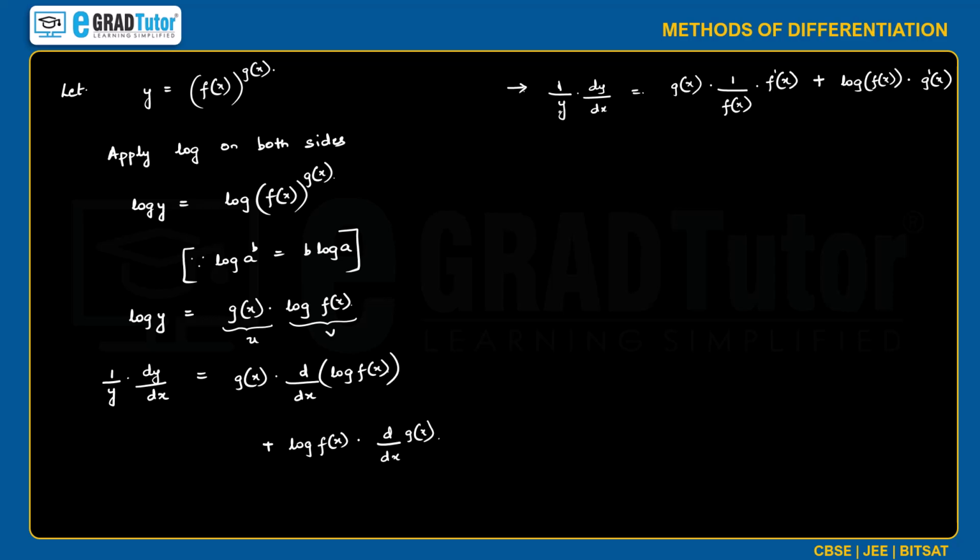right? Now you take this y to the right hand side, dy by dx is equal to f of x power g of x into g of x into f dash of x by f of x plus g dash of x into log f of x.